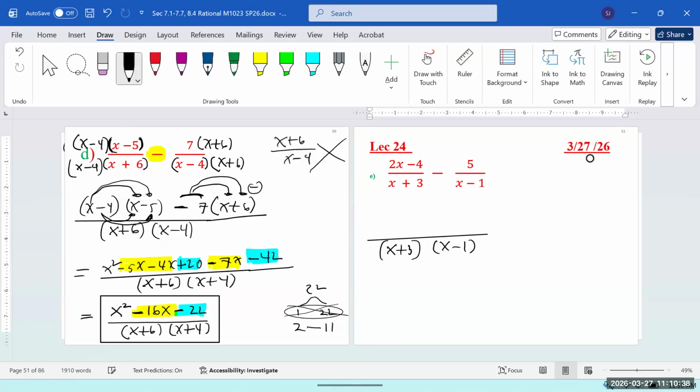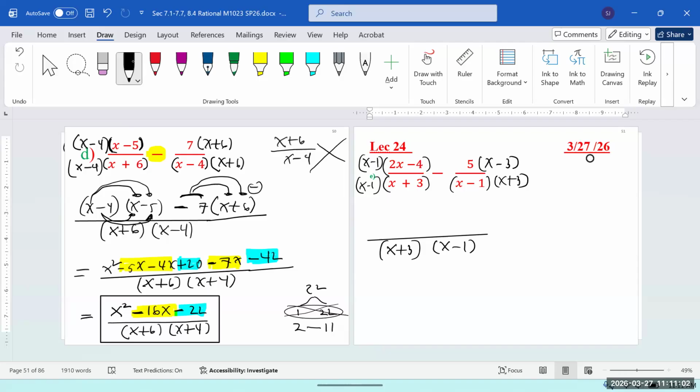So when you cannot divide one of them by the other one, you have to multiply for your denominator. We are missing x minus 1 on the first fraction, so multiply top and bottom. And the second one, we multiply by x plus 3, top and bottom.